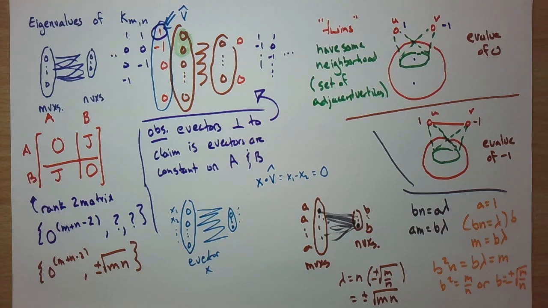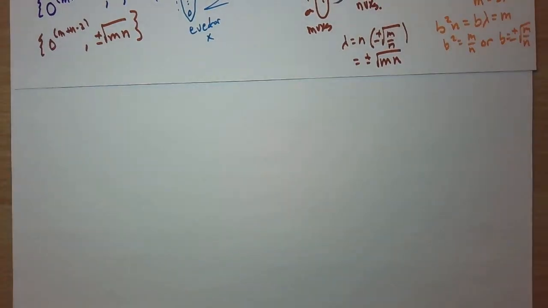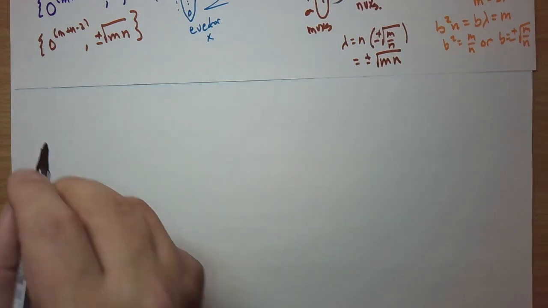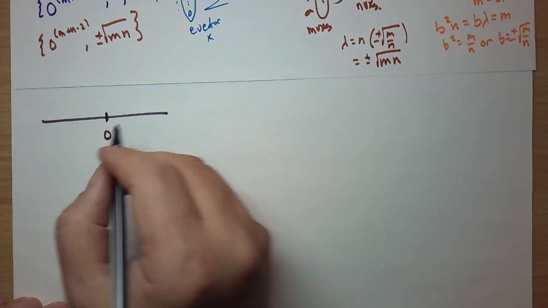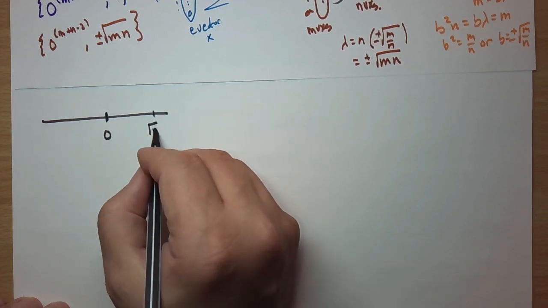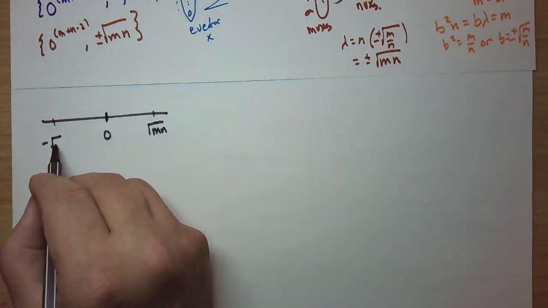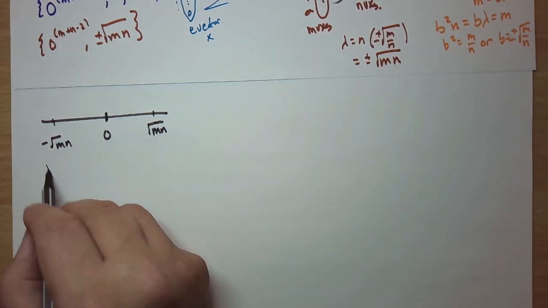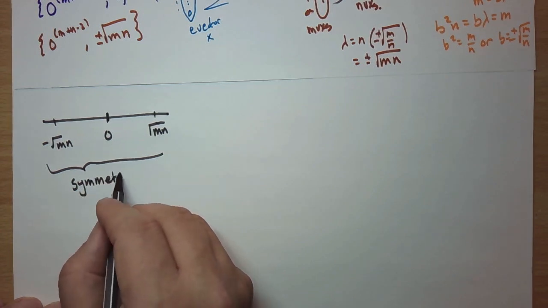So that's a good thing. Another thing you might notice is if you look at these values on the real line, you have a bunch at 0, one over here at square root of m times n, and another at minus square root of m times n, which is like, aha, this is symmetric across 0.